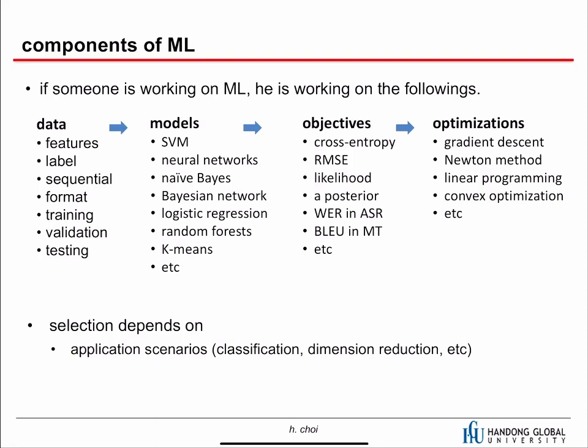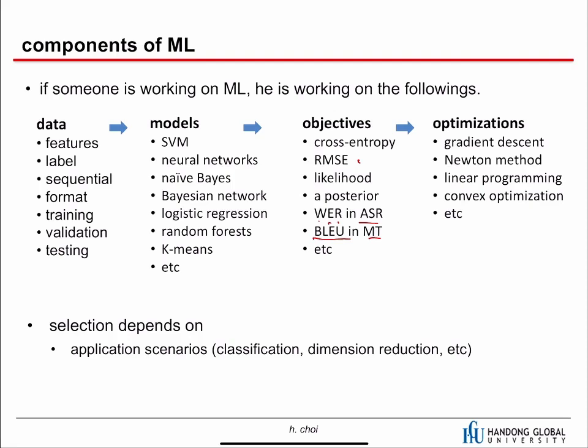If it is regression, then RMSE or MSE. If it is a probabilistic model, then likelihood or posterior would be the objective function. If it is automatic speech recognition, then word error rate is the objective function. And if it is machine translation, then the BLEU score is the objective function. So depending on the application or scenario, we have to choose a proper objective function.